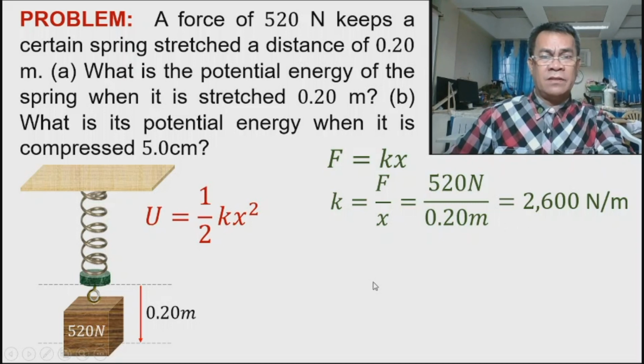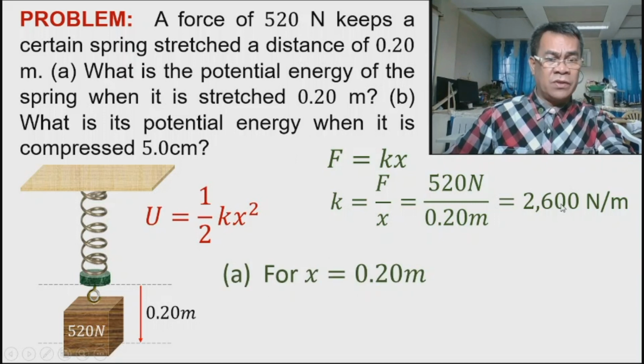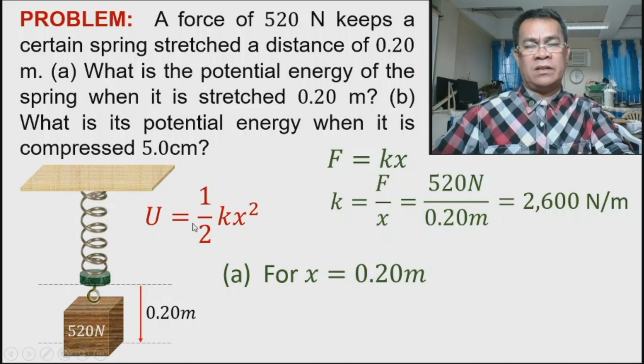Okay, so to answer letter A, we are now ready to solve. Why? Because we have the formula. You need to substitute the 2,600 here, and the x should be placed here and squared. Whether it is compression or tensile force, regardless of what kind of displacement it is, it will provide a positive answer.